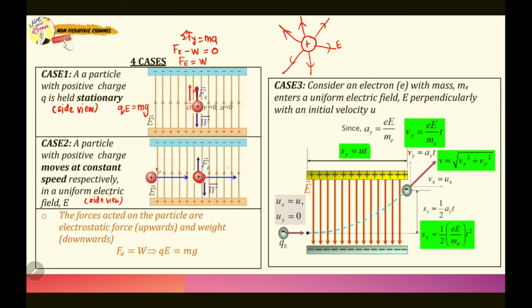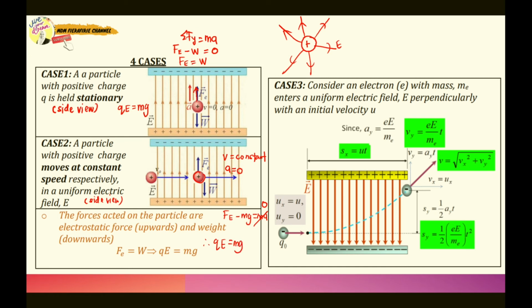The acceleration is equal to 0 since v is constant. Remember, for constant speed, acceleration is equal to 0. Therefore, we can write Fe minus mg is equal to ma, which is equal to 0, therefore QE is equal to mg. And look at case 3.